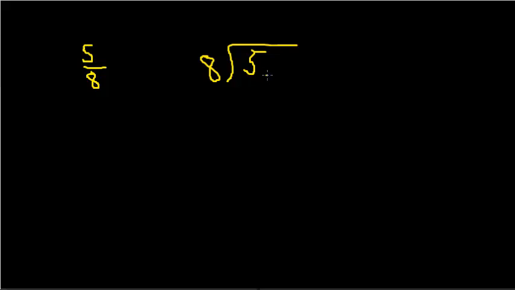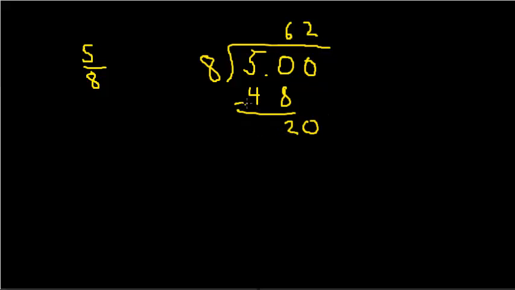8 doesn't go into 5, so I need to add a decimal and a 0. So that 8 now goes into 50. How many times? 6 times. 6 times 8 is 48. We subtract, 2 left over. I add another 0. 8 goes into 20 now, twice. 2 times 8 is 16. 4 left over, and another 0, bring it down. 8 goes into 40 5 times. 5 times 8 is 40.